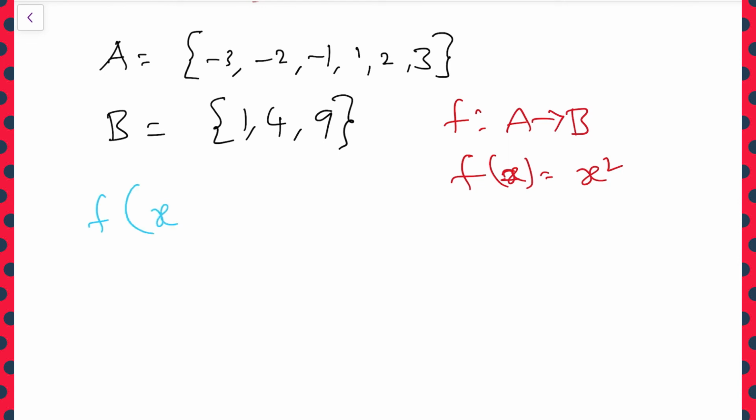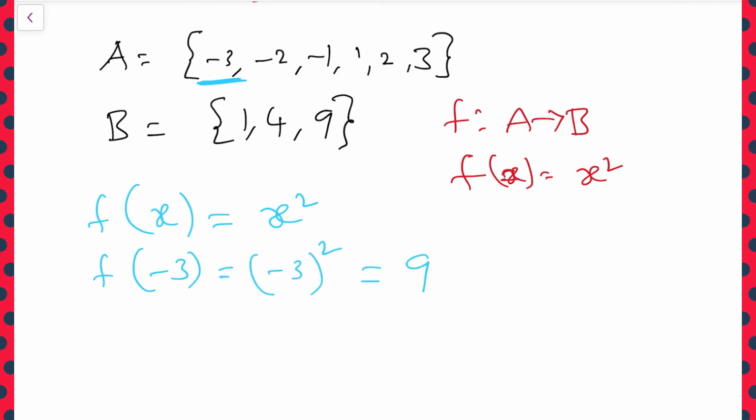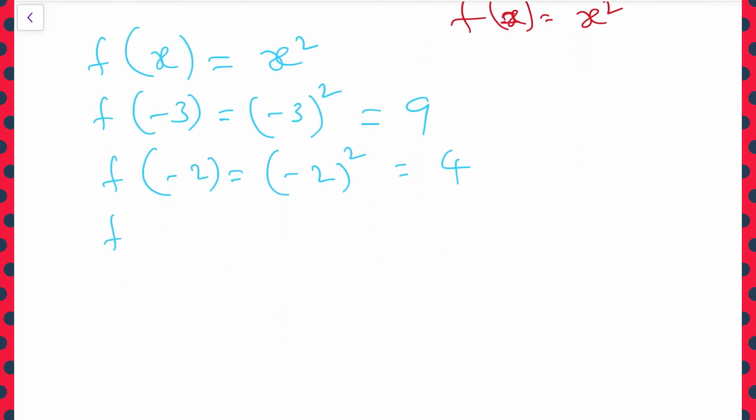f(x) = x square. Always the set A will become the domain. So first I am substituting -3. f(-3) = (-3) whole square, nothing but +9. f(-2) = (-2) whole square, +4. Next f(-1) = (-1) whole square, +1.